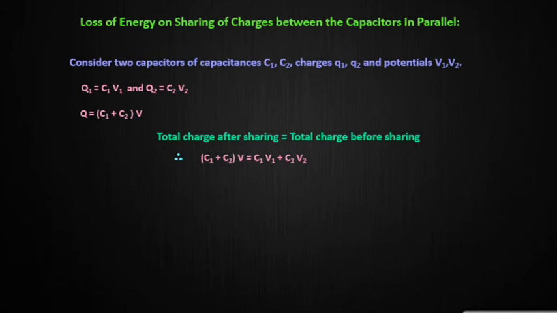So we can write C1 plus C2 into V is equal to C1 V1 plus C2 V2. This is by the conservation of charges. There is no charge lost, only sharing happens. From this, we can get the expression for common potential V as C1 V1 plus C2 V2 divided by C1 plus C2.